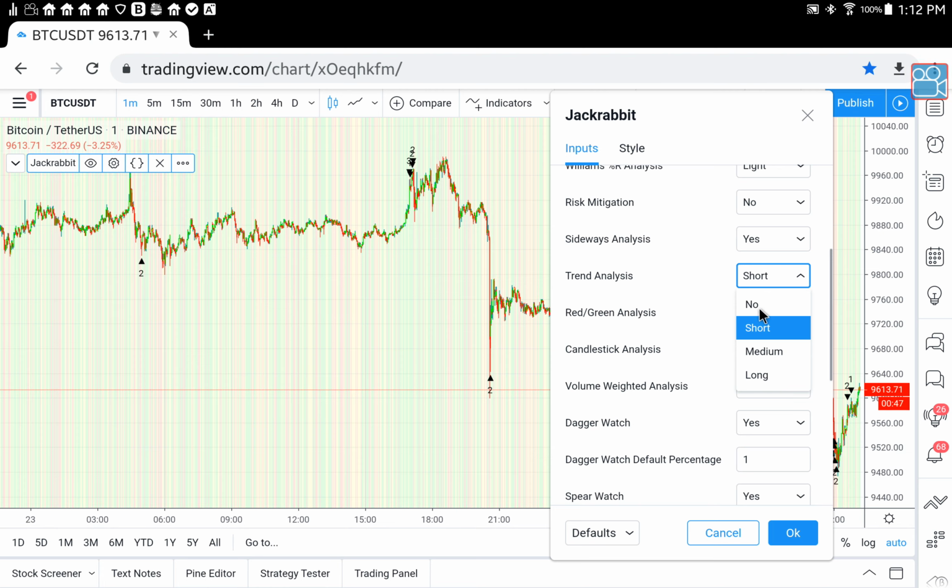Now I'm going to turn it off. And you will see an impact on what is being filtered out. I'm also going to turn off candlestick analysis.